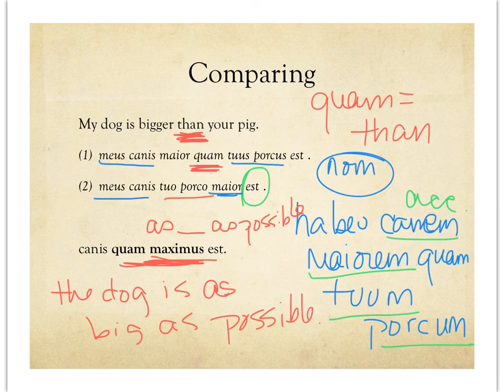So those are the uses of quam, the use of the ablative of comparison. It's really pretty straightforward, I think. A lot of what we talked about in this is really just memorization. The forms don't change at all. So take a look at those pages in your textbook and send me any questions that you have.